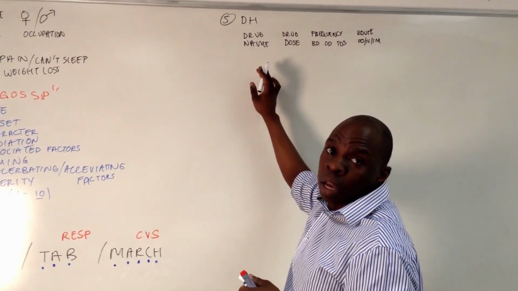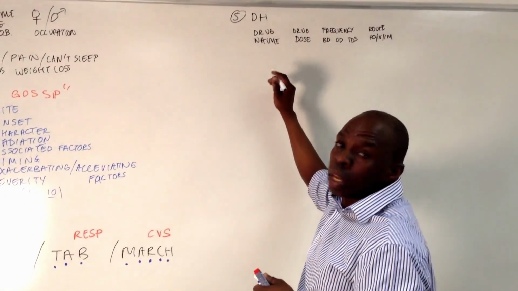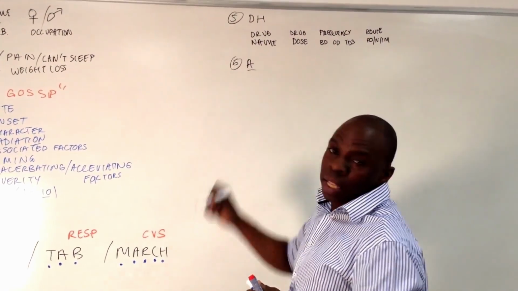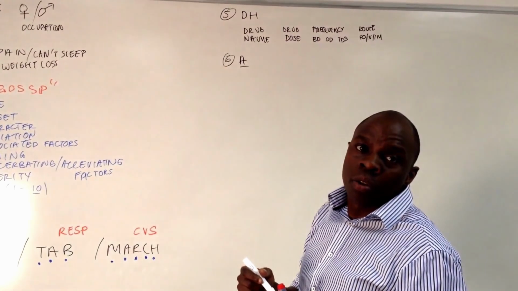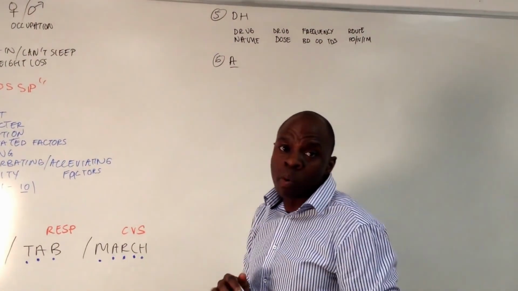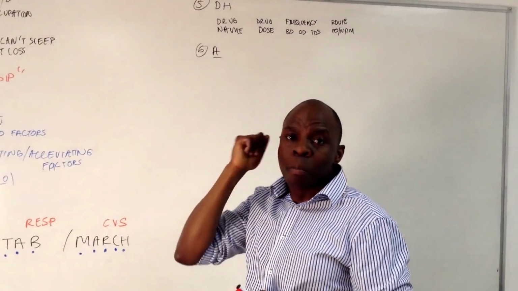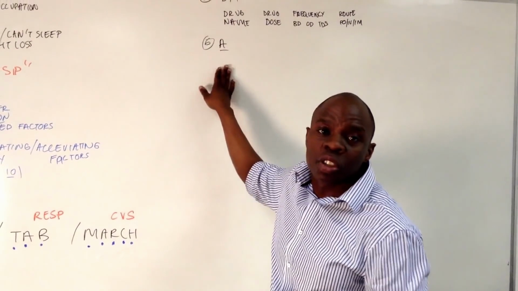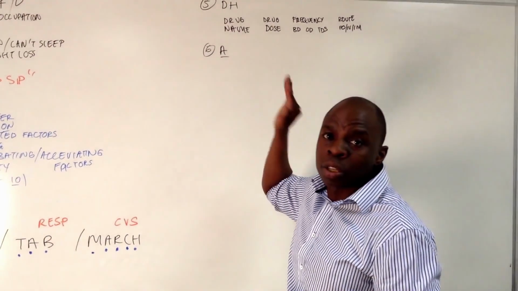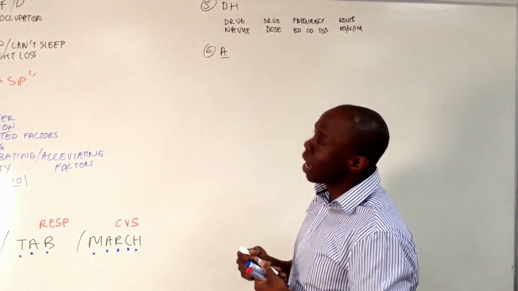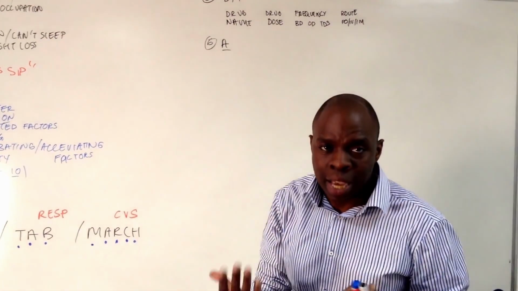The next thing that we're going to move on to is A, and A gets a separate bit on its own, which is allergies. Now this is a very, very important one, an absolute must for your OSCE examination, because this is a patient safety point. Patient safety scores highly in all medical school examinations. So allergies, do you have any allergies?